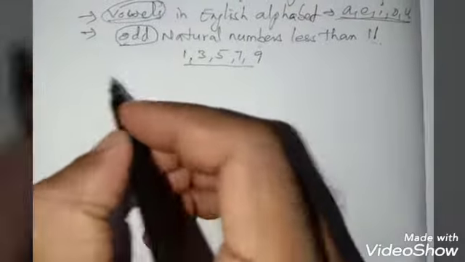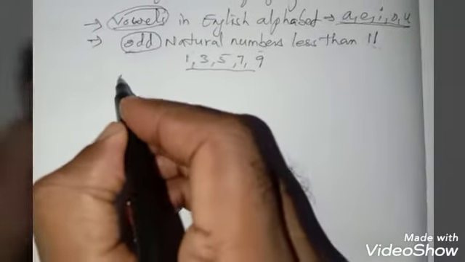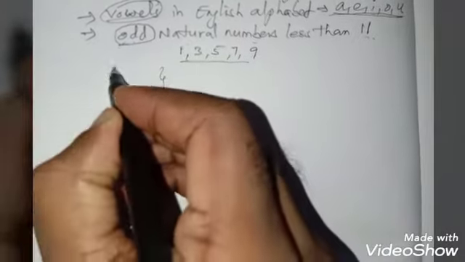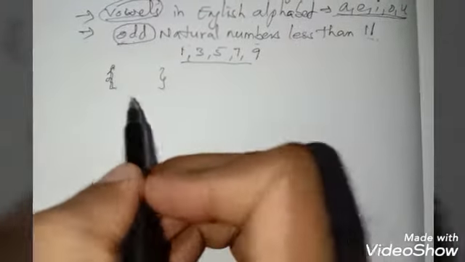Now the sets are usually denoted in flower brackets.